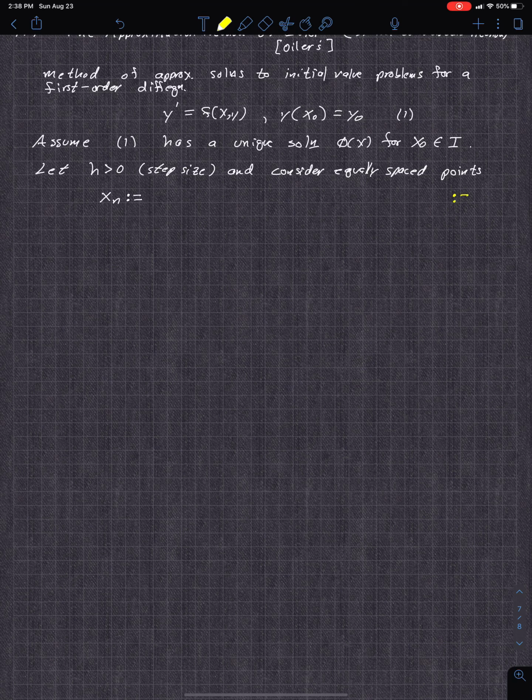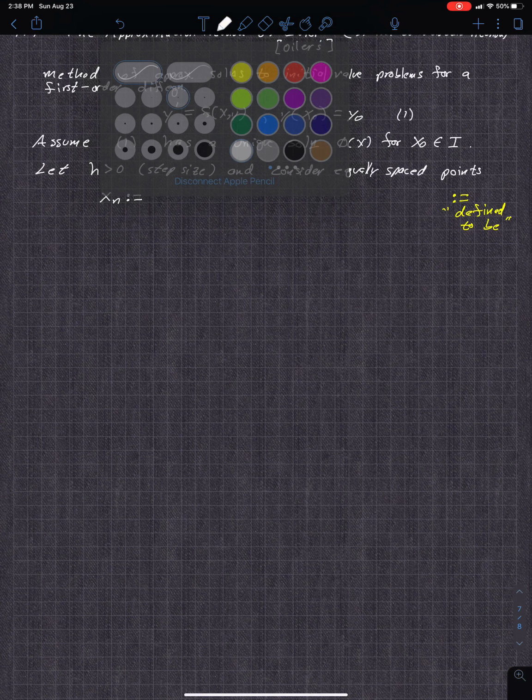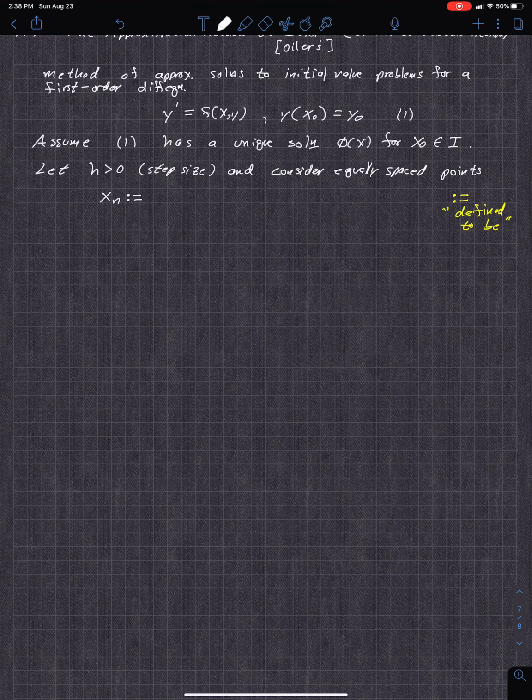I've never really seen that before, but it's right from the book, so we'll use it. So x sub n is defined to be x naught, your initial value, plus nh, where n is a whole number, n equal to 0, 1, 2, etc.